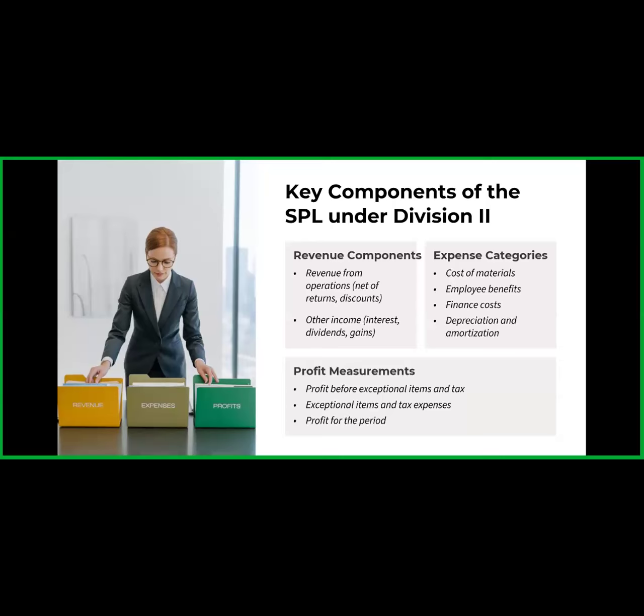Some of the things mandated by the Companies Amendment Act are the profit before exceptional items and tax, and the profit for a period. That means first we calculate the gross profit, then the operating profit, and then after deduction of the tax and interest, we calculate the net profit. Now the net profit is the taxable income of the organization.